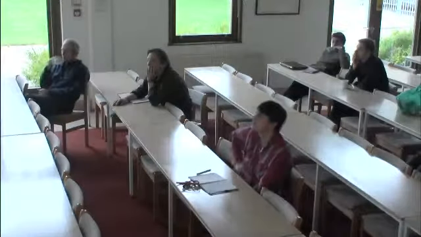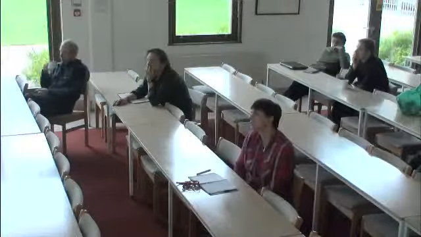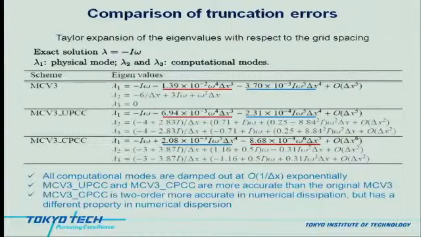Maybe that means there's no computational mode in this case. Okay. Since I think yesterday you asked a question for this kind of dynamics talk.